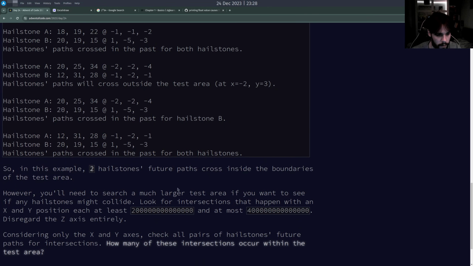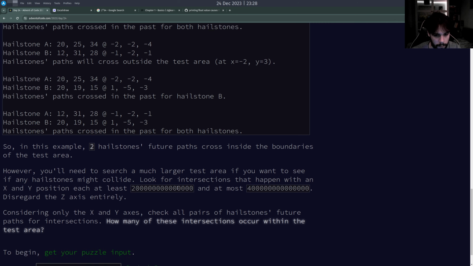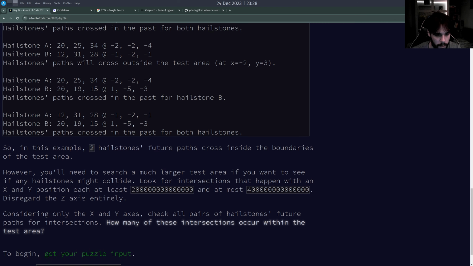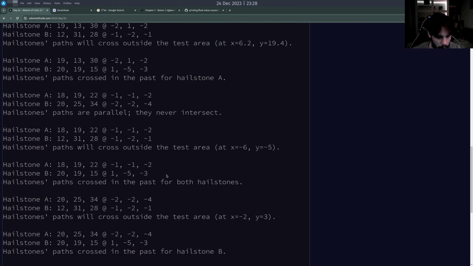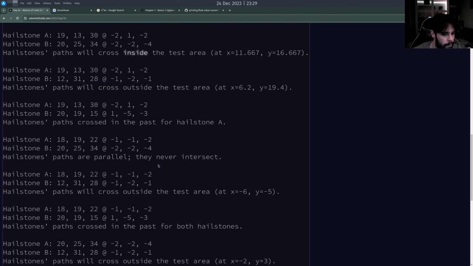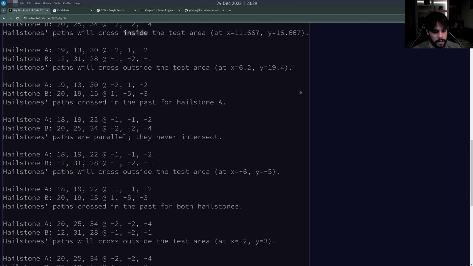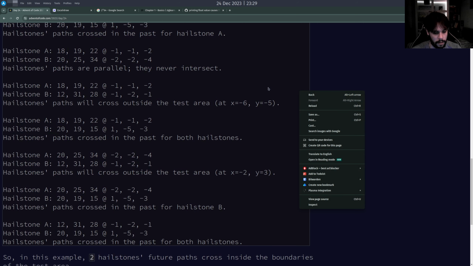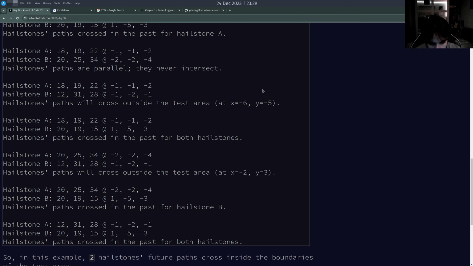The answer there is 5. Oh, future paths. I'm right. Future paths. So, yep, inside the test area. That one's outside the test area. Wait, I get 5?